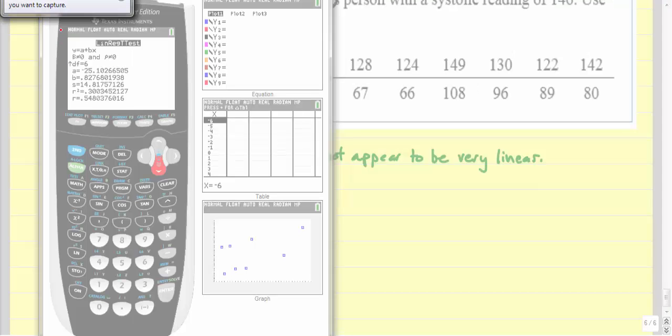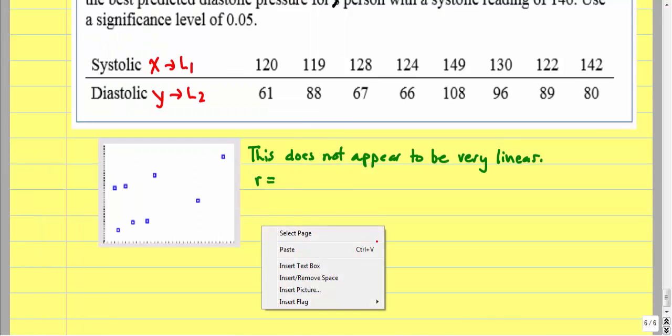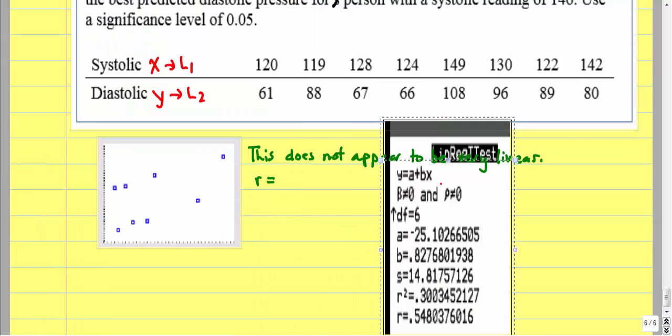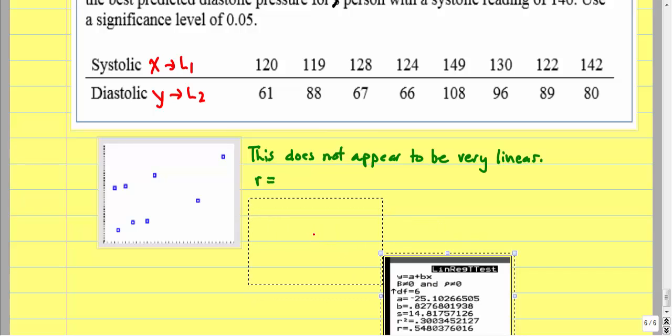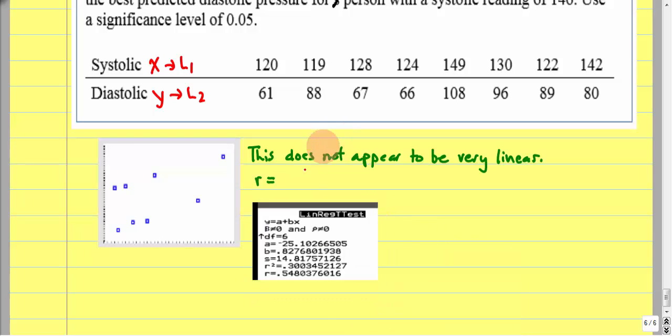My value of r is greater than 0, but it is not really close to 1. It's 0.548, so r equals 0.548. This is my correlation coefficient, the strength of the linear correlation between systolic and diastolic blood pressure.